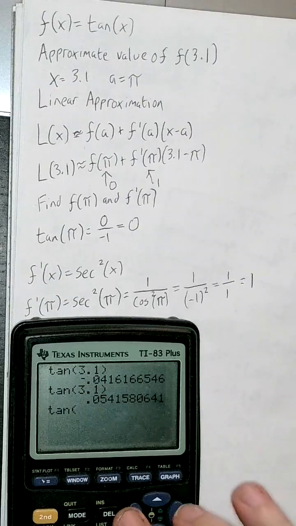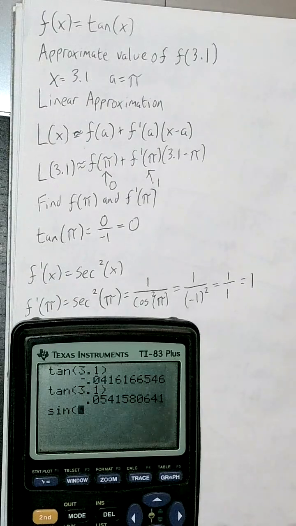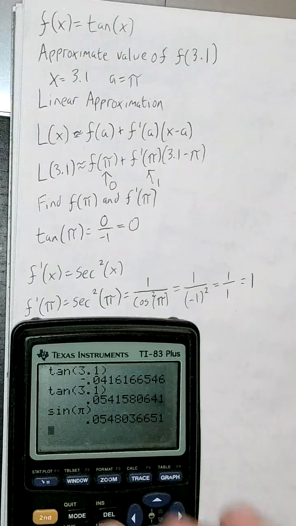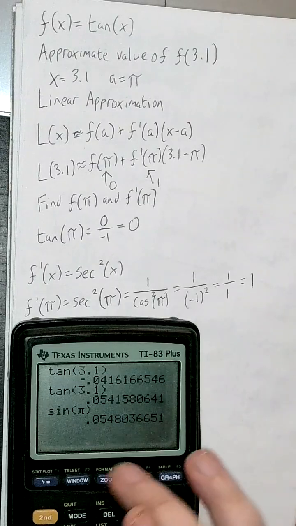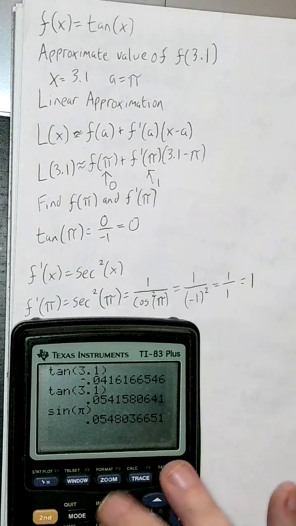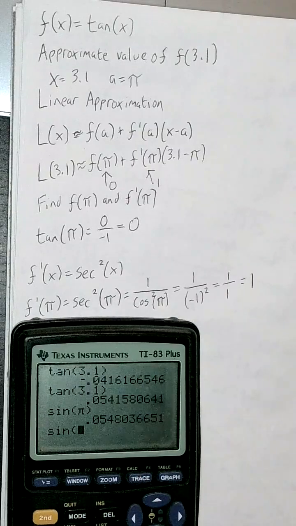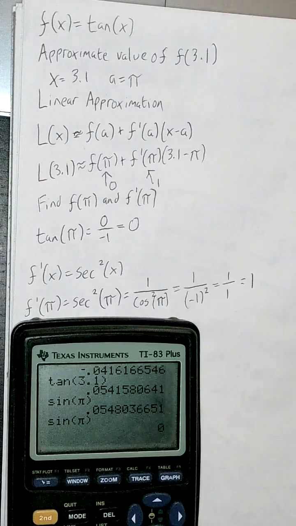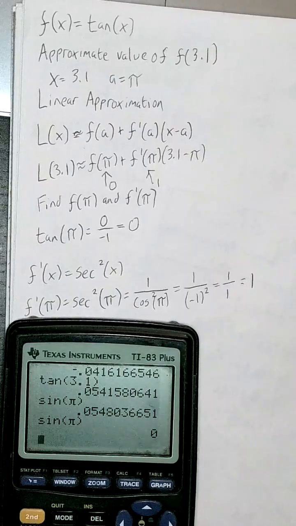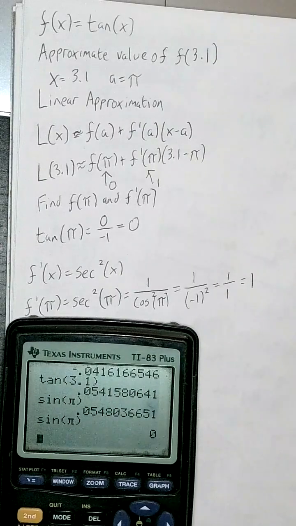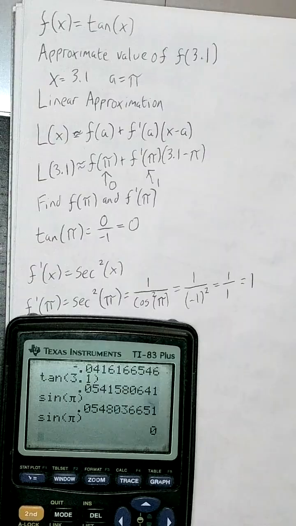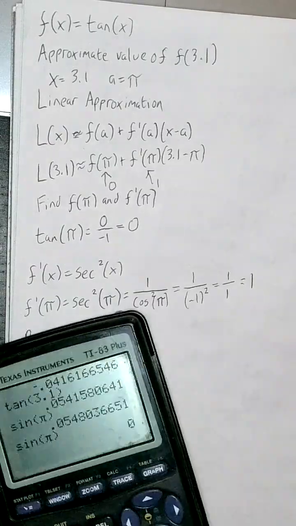So let's say instead of tangent we do sine of pi. Pi is right here. In degrees, it would be that. Whereas in radians, it would be 0. Two very different answers. That's why it's important to know what your calculator is set to.